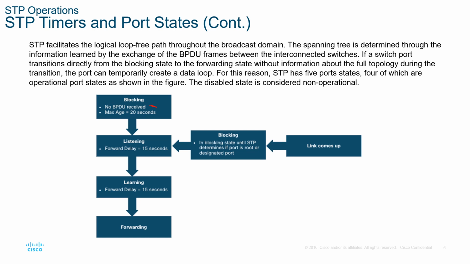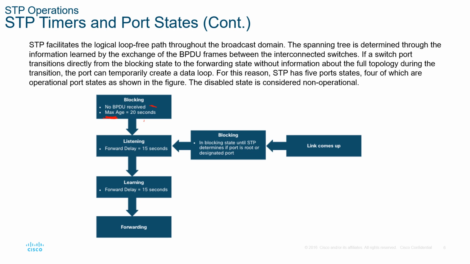Now under listening. After blocking, and after waiting for 20 seconds, the max age timer, because earlier on you have learned about three timers. So this is the max age timer. After exceeding the max age timer, it goes to the listening state.